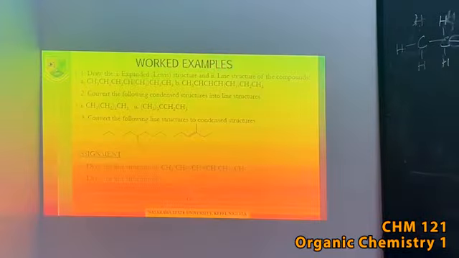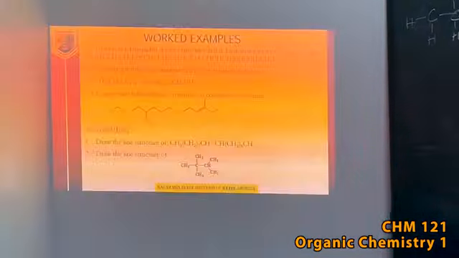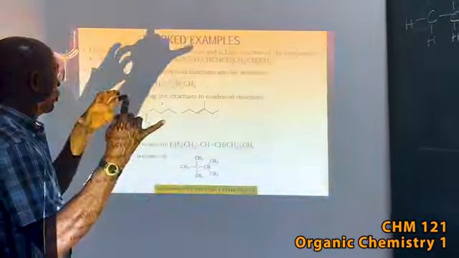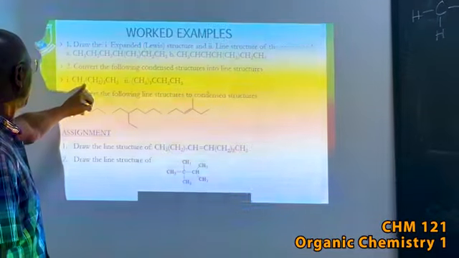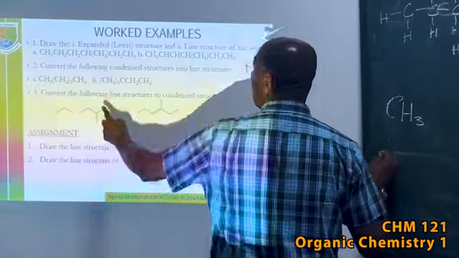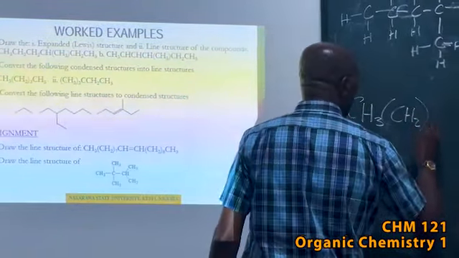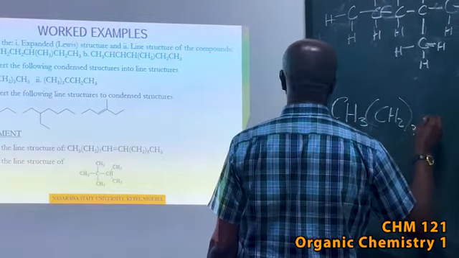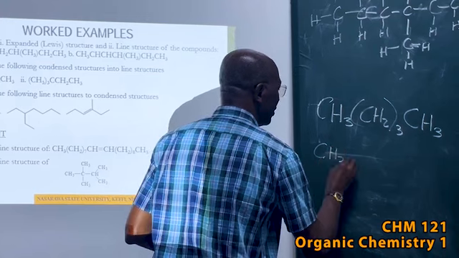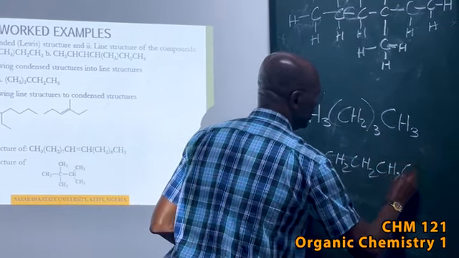Okay? Now, just as you go on to do your work, take a close look, we can condense this thing again. So CH3 here, and then CH2, all of that in bracket 3, CH3. It's just the same thing as CH3, CH2, CH2, CH2, CH3.